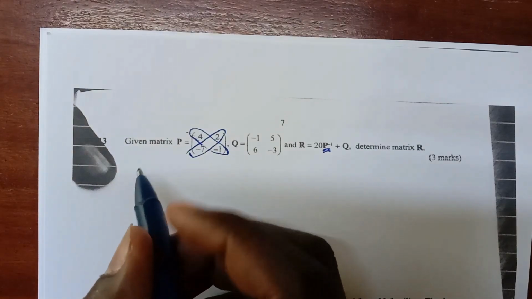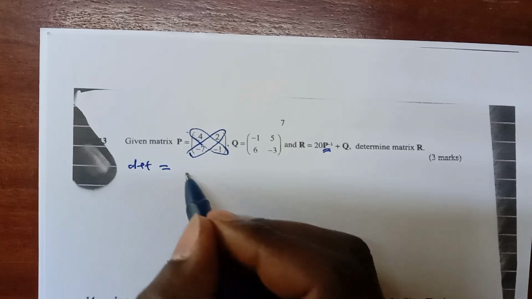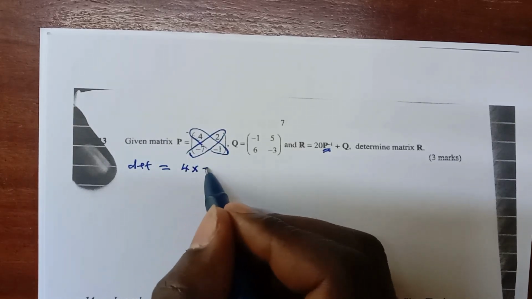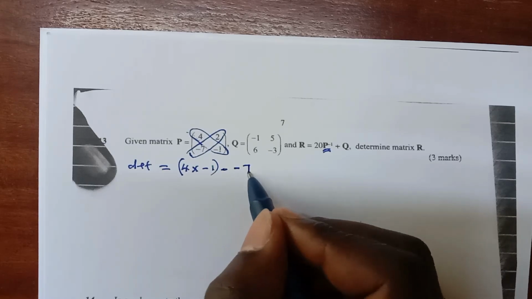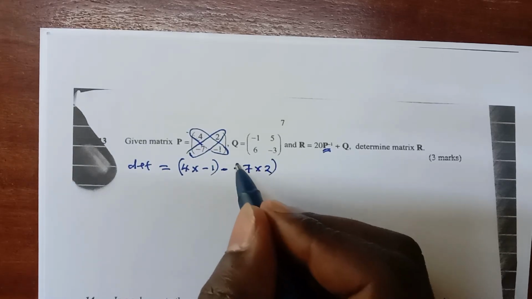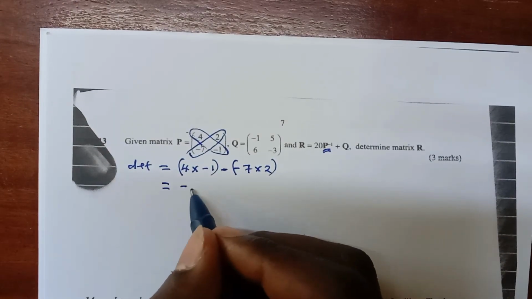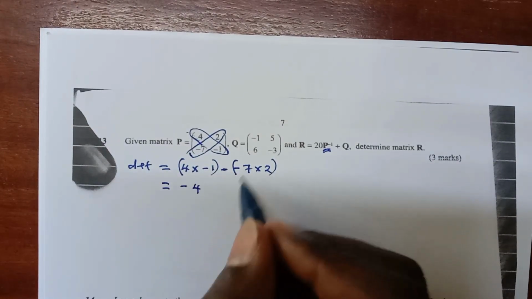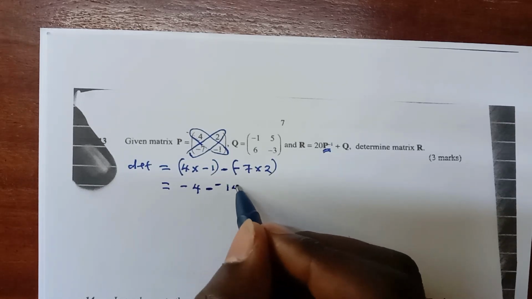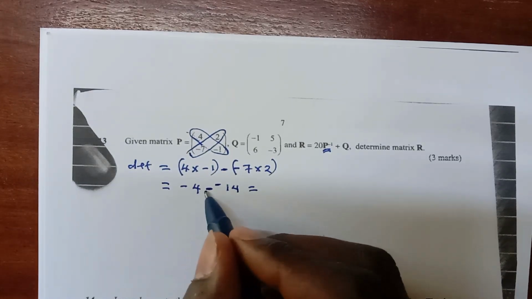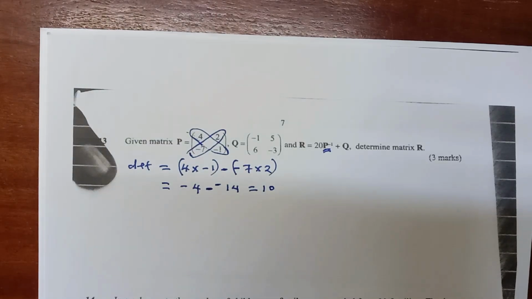So the determinant is 4 multiplied by negative 1, then you subtract negative 7 multiplied by 2. This gives us negative 4, from which you subtract negative 14, which gives us negative 4 plus 14, which is 10. So our determinant is 10.